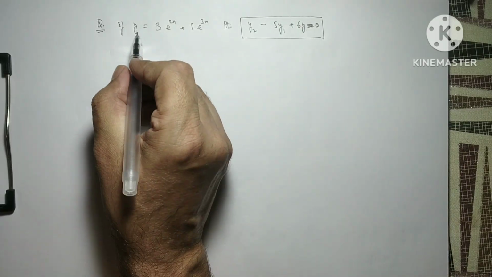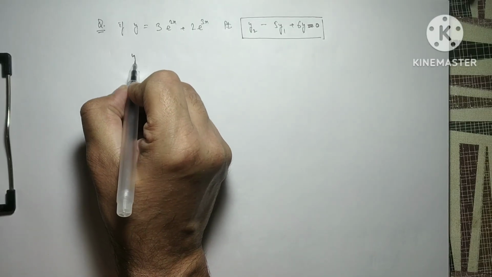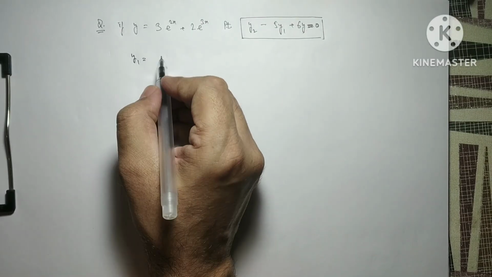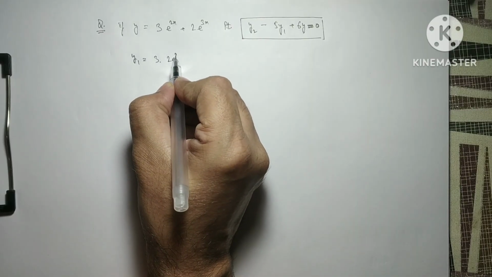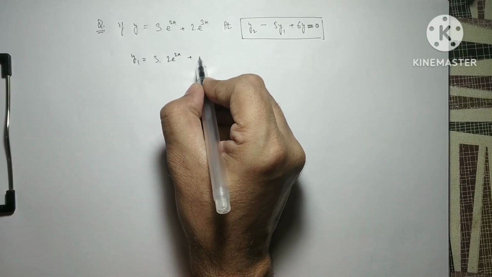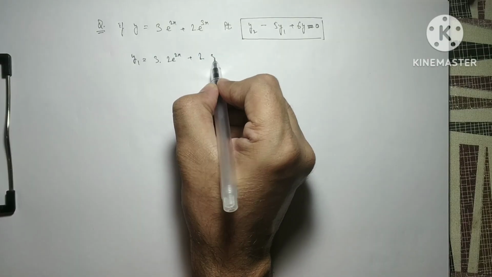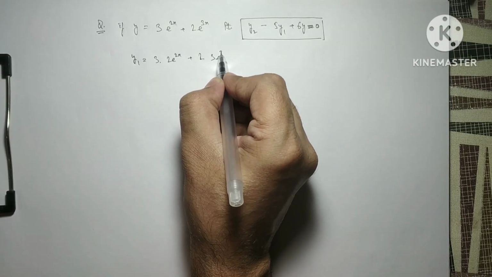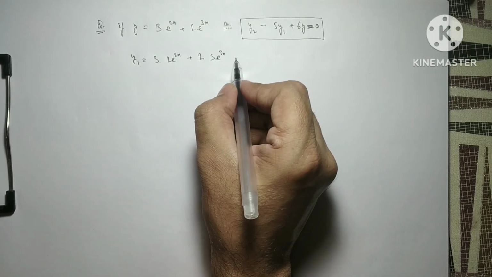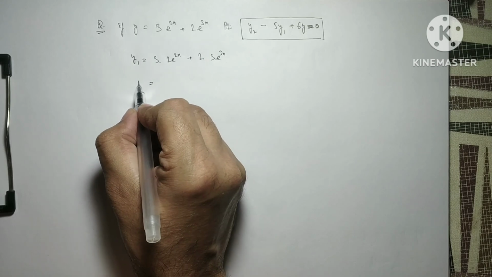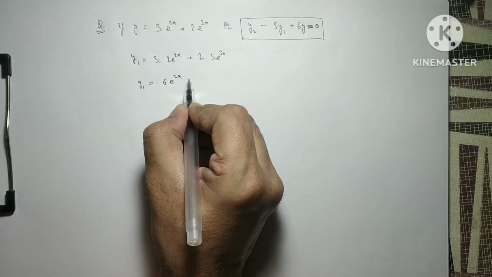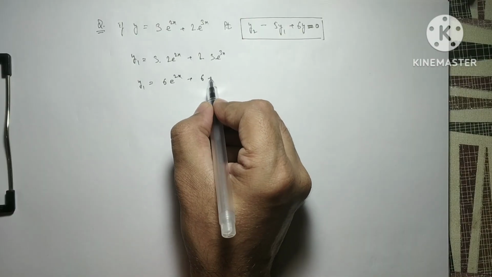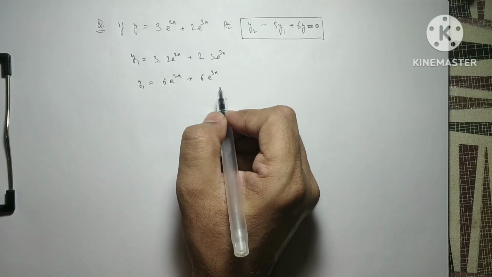So y1 will be the first derivative: 3 into 2 e to the power 2x plus 2 into 3 into e to the power 3x. So you get 6 e to the power 2x plus 6 e to the power 3x.